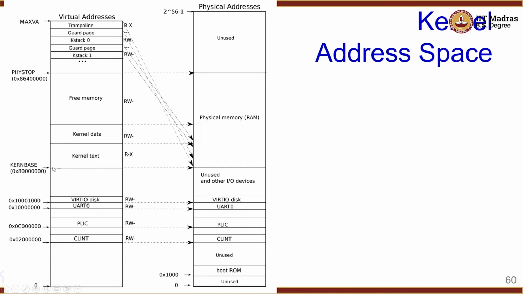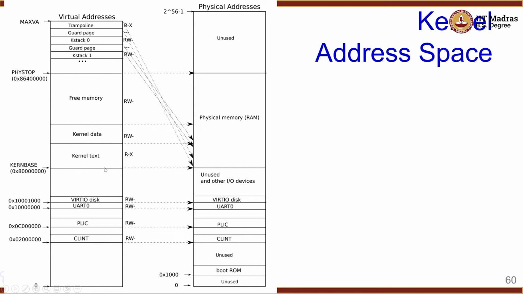For example, the kernel base at 80 million directly maps to the start of the physical memory. At this location, as we've seen, we have the entry.s and start.c and the various other code, in what we call the kernel text. After the entire kernel text or kernel code, we have the kernel data. This is again directly mapped into the physical memory.